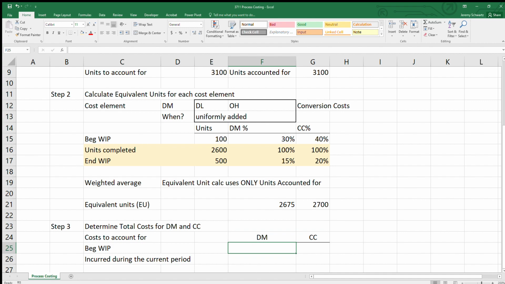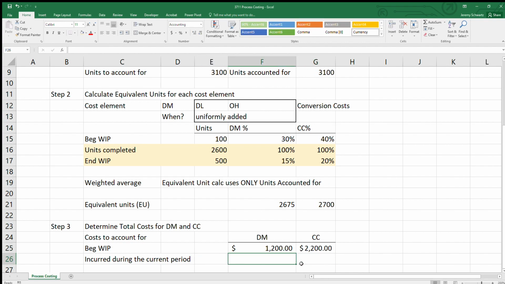So again, this would be information that we would need to be given in doing this. For this part, I'm just going to hit the dollar sign, and so we're going to end up having the cents in there as well.